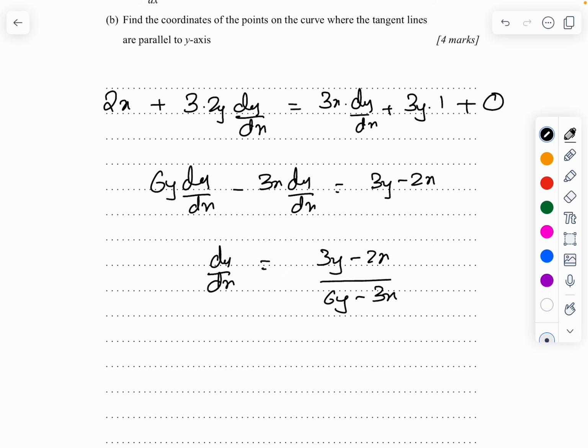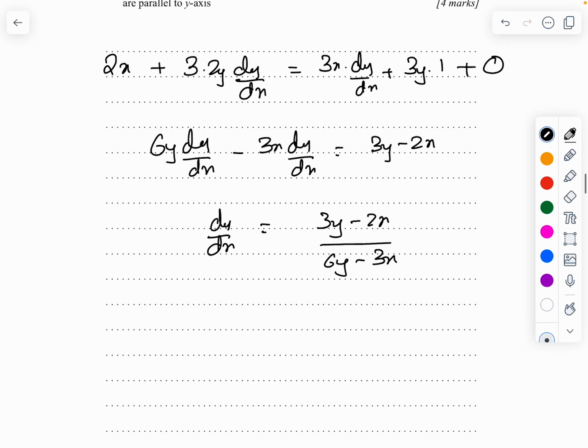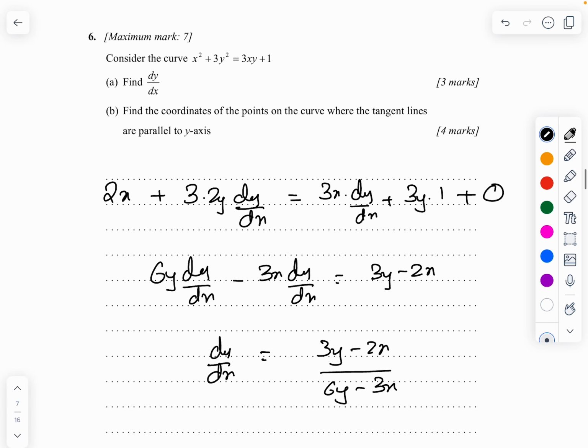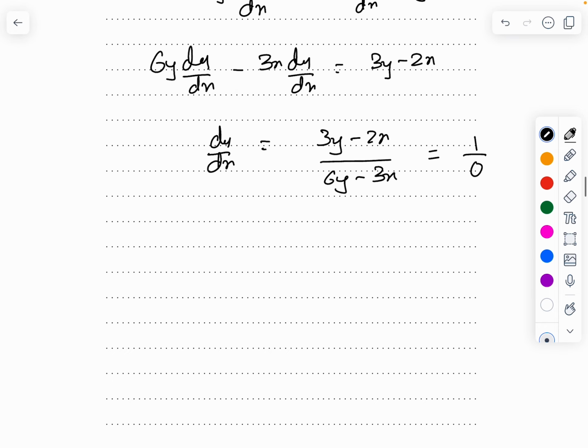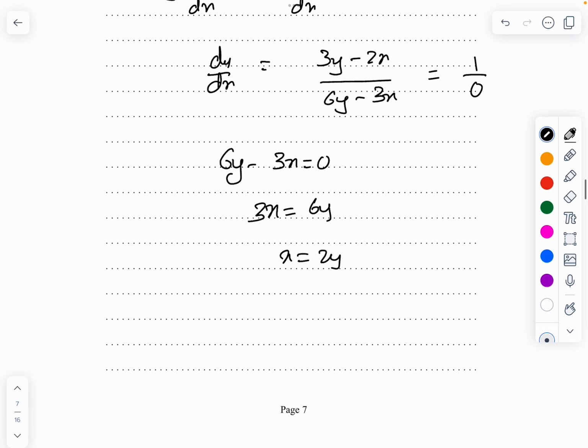Find the coordinates of the points on the curve where the tangent lines are parallel to the y-axis. Parallel to the y-axis means the gradient has to be 1 upon 0. Means the denominator 6y minus 3x should be equal to 0. Means 3x equals 6y. So x equals 2y. Plug in x equals 2y in the original equation.